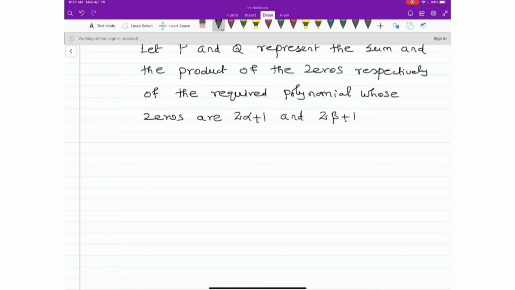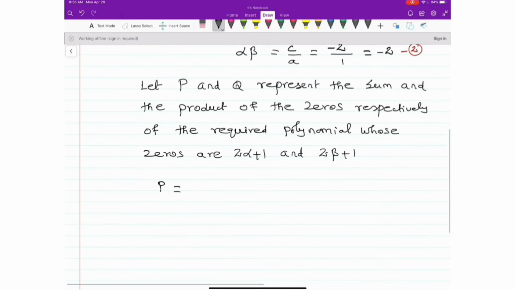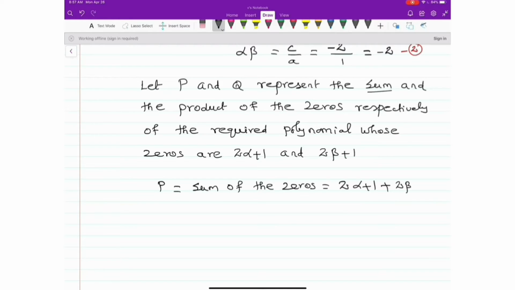So, what will I be getting? P is equal to, P we have taken as sum of the zeros. So, sum of the zeros is equal to 2 alpha plus 1 plus 2 beta plus 1. This I can write as, I can combine 2 alpha and 2 beta and take 2 as common factor, then 2 into alpha plus beta, then 1 plus 1 is 2. This is nothing but 2 into, what is alpha plus beta?